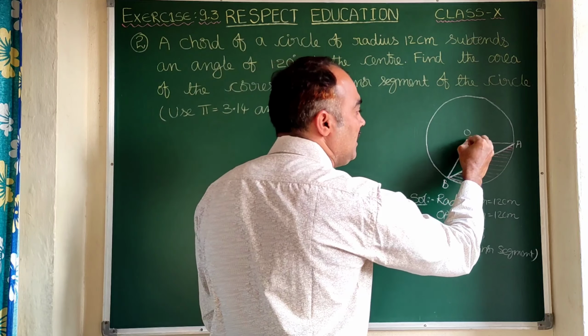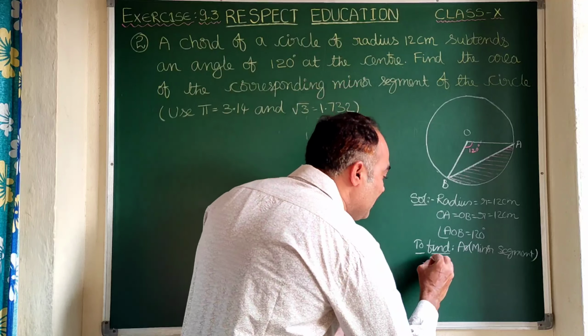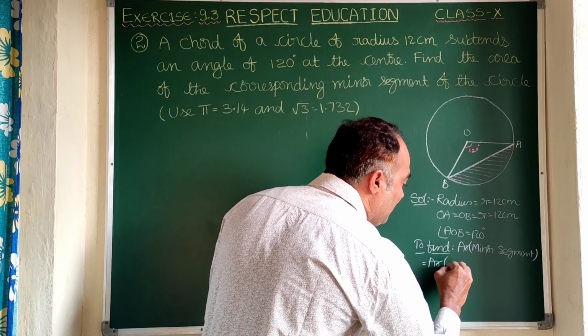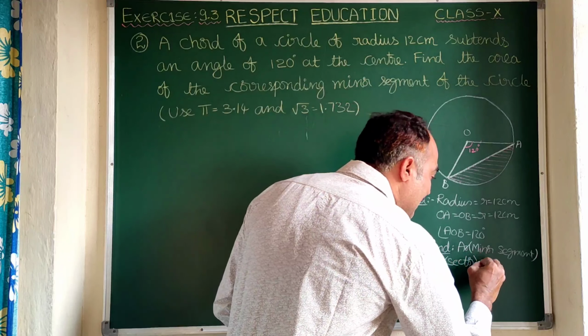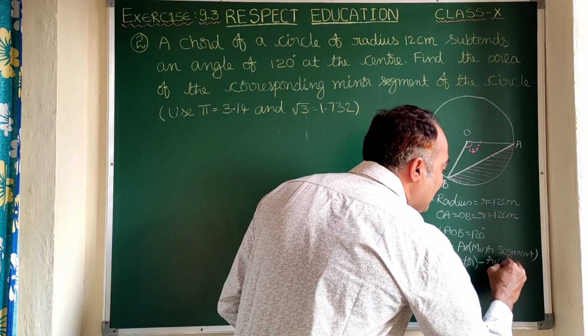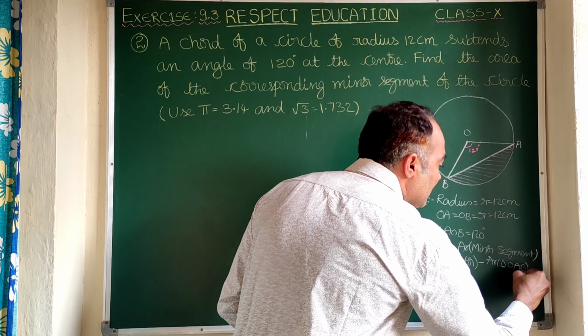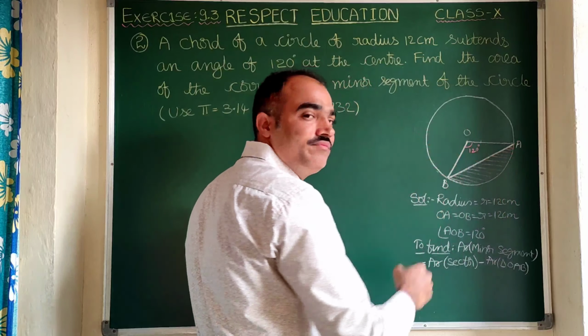From that sector, if you subtract the area of the triangle OAB, we are able to get the area of the minor segment. So area of the minor segment is area of sector minus area of triangle OAB. The sector is also OAB.